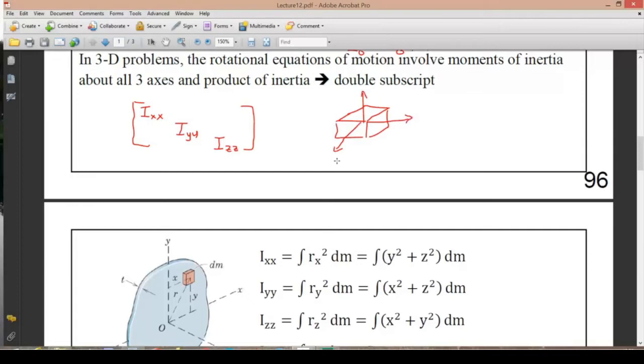Usually we calculate it with respect to mass center, so we can call this x, y, and z. And the components on the diagonal of this 3 by 3 matrix are the mass moment of inertia calculated about this x, y, and z. And the reason that I have Ixx is because I could have also Ixy here, and that would be the product of inertia. So let's take a look at how we calculate these.